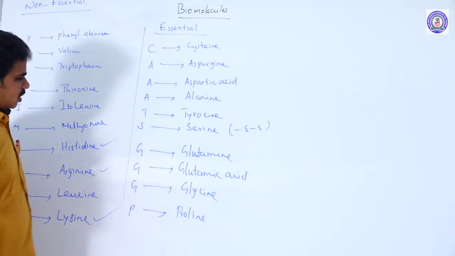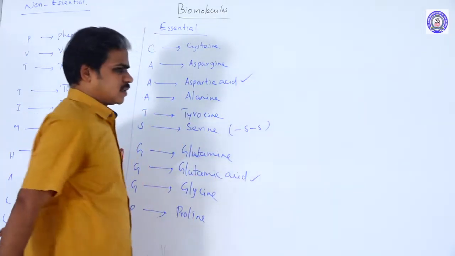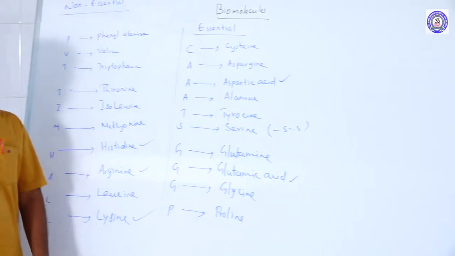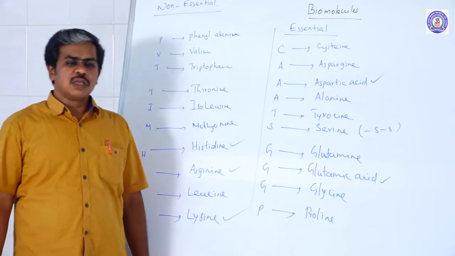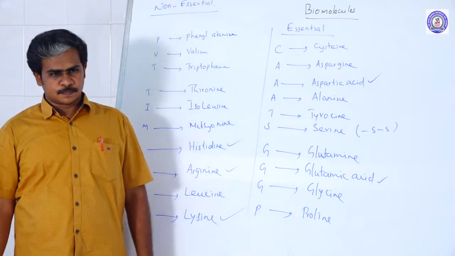So among these, glutamic acid and aspartic acid are acidic amino acids. That is, the number of COOH groups is greater than that of NH2 groups.